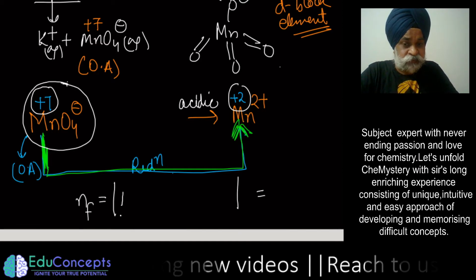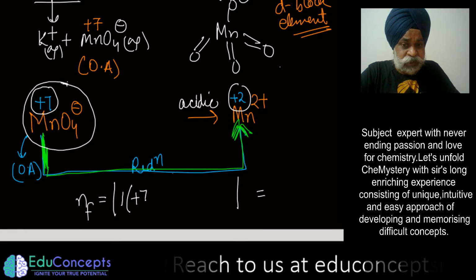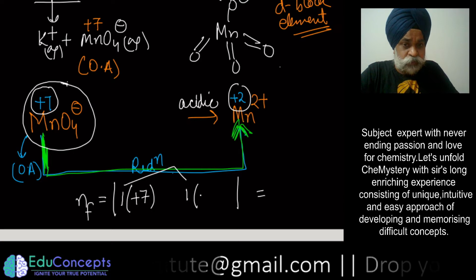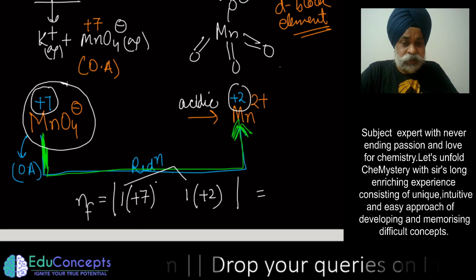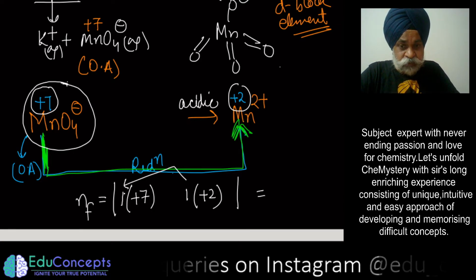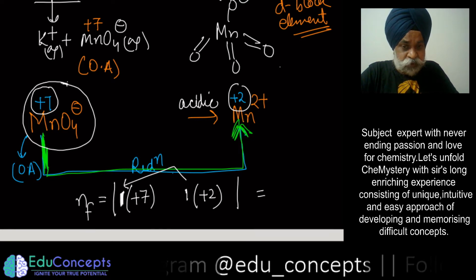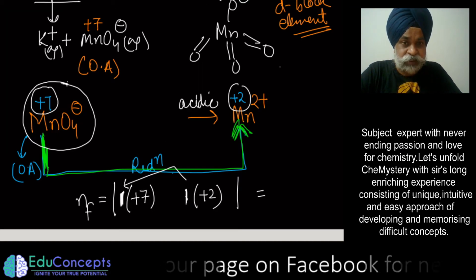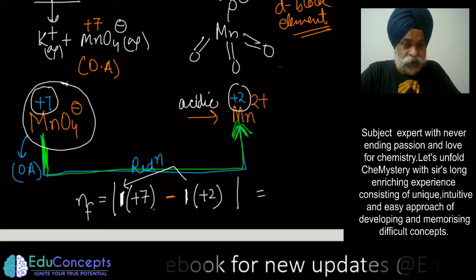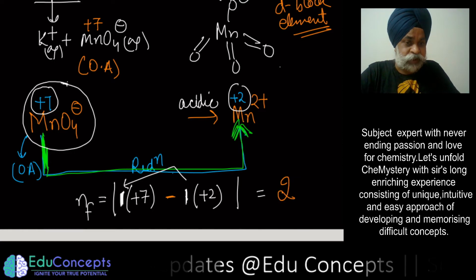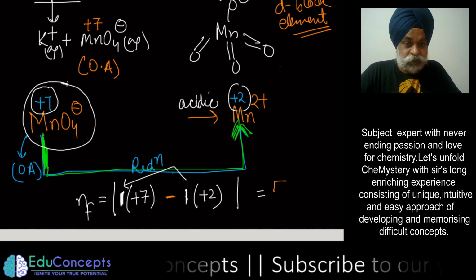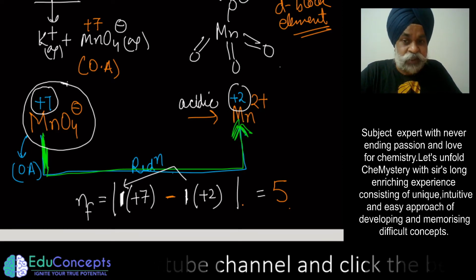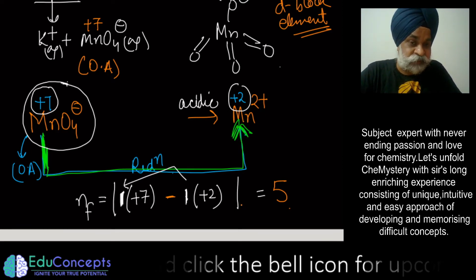So I should write that 1 manganese atom is in +7 oxidation state, and that 1 would go to +2, isn't it? Now this is quite important, this term where I am putting 1, and while using this formula, you have to place a negative sign here, and what answer you get is 2 here. Oh sorry, what I wrote. So what answer did you get? It is 5. So we will say the N factor for permanganate ion in acidic medium is 5.